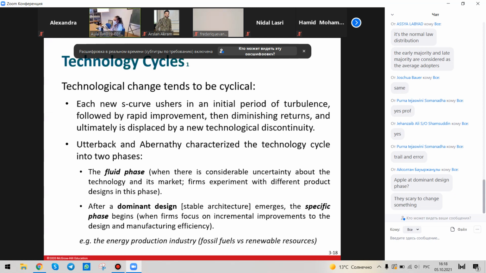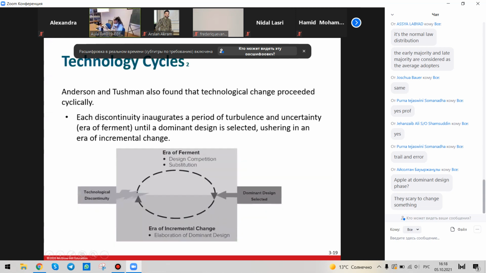So quite a similar definition and representation of these cycles of technology is the one proposed by Anderson and Tushman. Anderson is also the one who theorized the long tail theory.